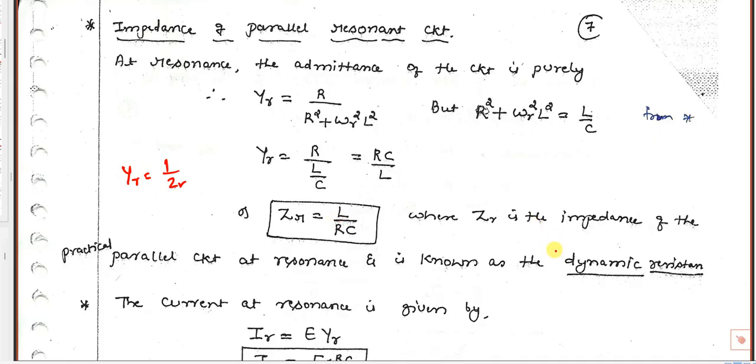It is called the dynamic impedance or dynamic resistance of the practical resonance circuit. Sometimes they will ask you what is dynamic resistance. At resonance, the circuit behaves as purely resistance, which is why we have admittance. If you take the reciprocal, you will get impedance. So this is called the dynamic impedance or dynamic resistance of a practical parallel circuit, and its formula is ZR is equal to L by RC.